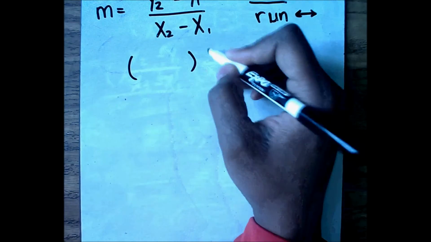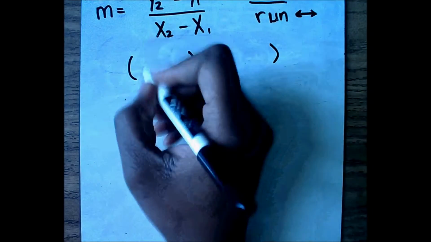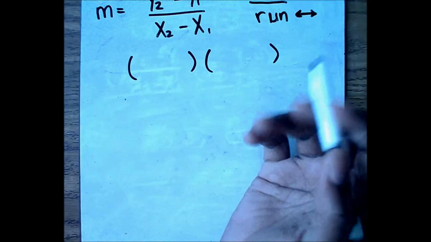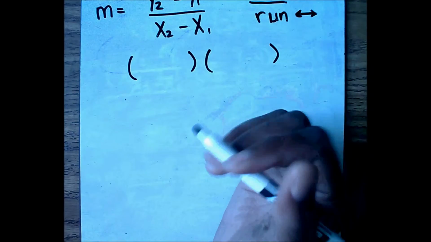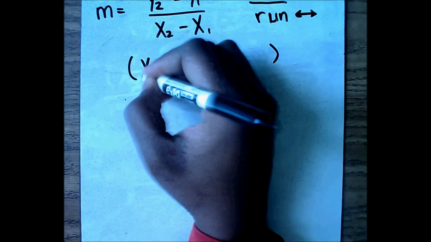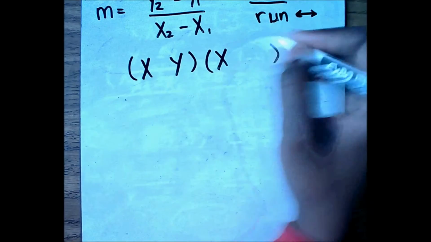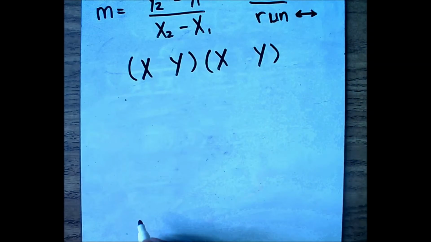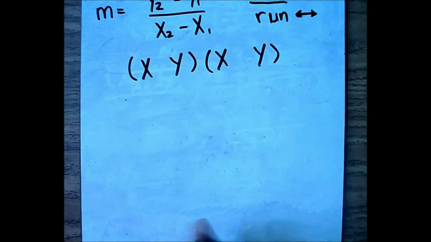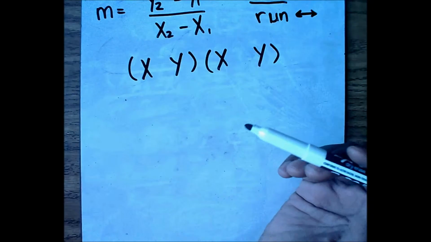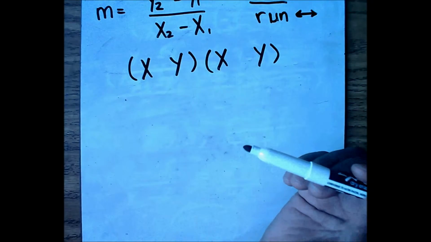Alright, so in any two coordinates, we have an x sub 1 and an x sub 2, y sub 1 and a y sub 2, but we know that every coordinate has an x and a y. So what makes it x sub 1 or y sub 1 or x sub 2 or y sub 2?